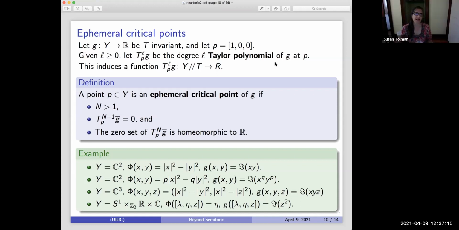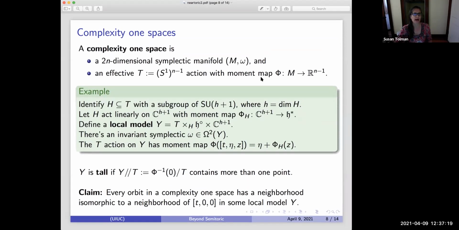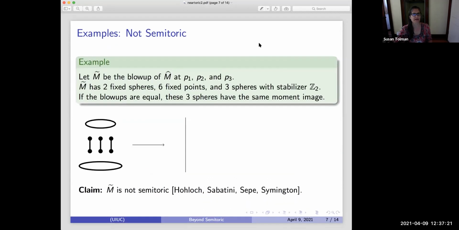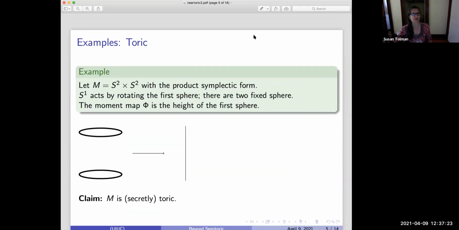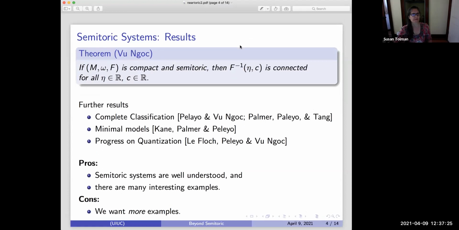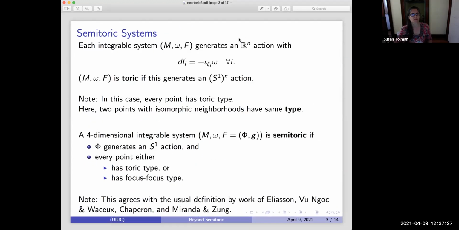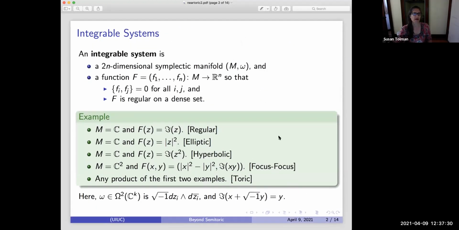Oh, this, yes. The imaginary part of z squared, if you go back, sorry, I'm struggling with my page turning here, obviously. There we go. If you go back, you see this was the hyperbolic case.